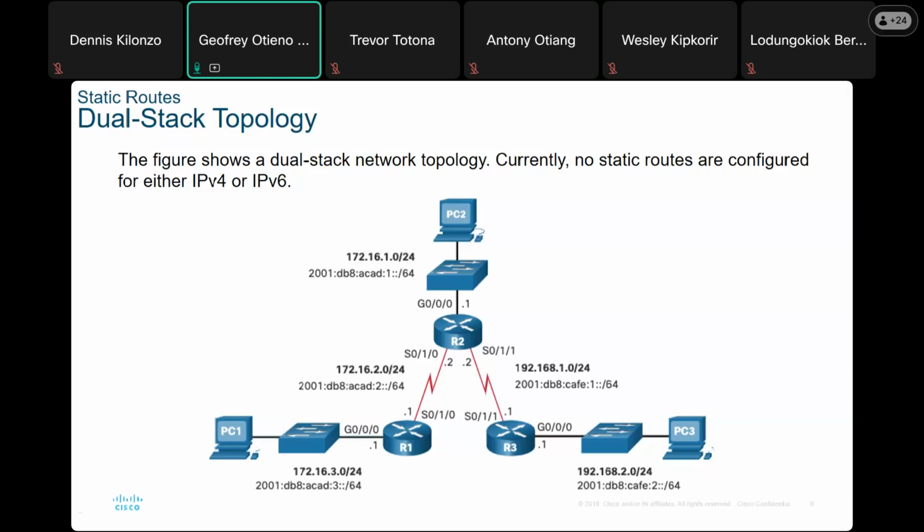Now, if I may ask you, on R2, which are the networks directly attached? How many are attached? You have to summarize that. How many networks are attached to R2?